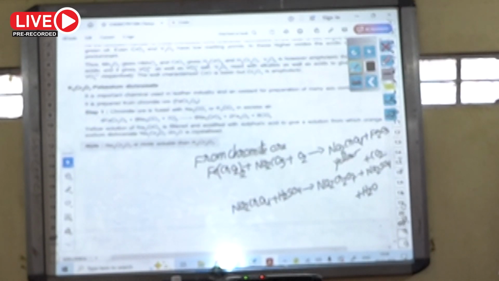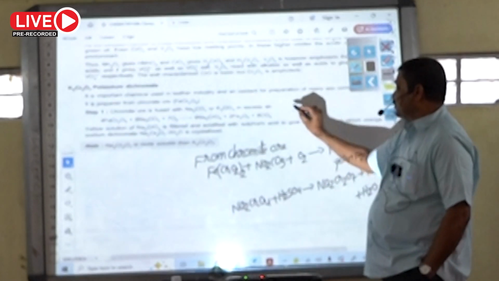Second step is Na2Cr2O7 preparation. In acidic medium, it converts into dichromate. So, chromate to dichromate.